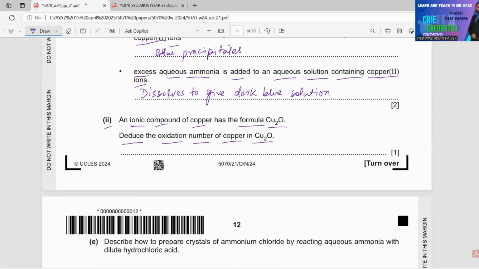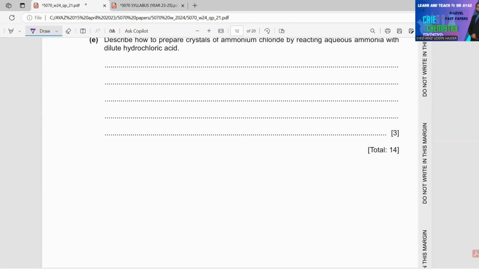So I will write 2x plus (-2) is equal to 0 overall, because there is no charge on Cu2O. So 2x minus 2 is equal to 0, or 2x is equal to plus 2, or x is equal to plus 2 by 2. So the answer must be plus 1. The oxidation number of copper is plus 1.